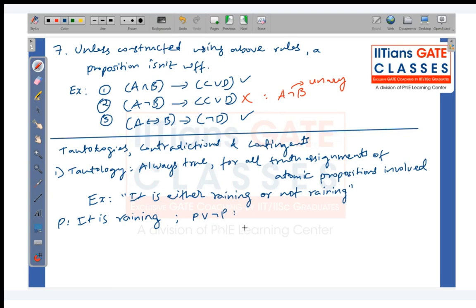Did I cover this in the last class or not? You guys remember or not? I think that's a more apt question. This is called the law of excluded middle.